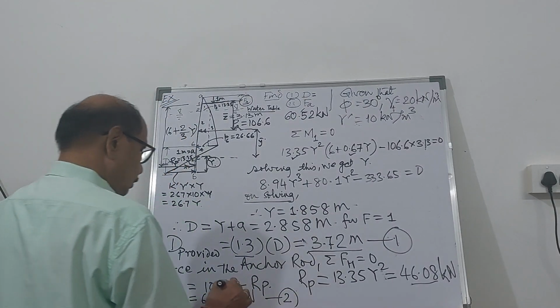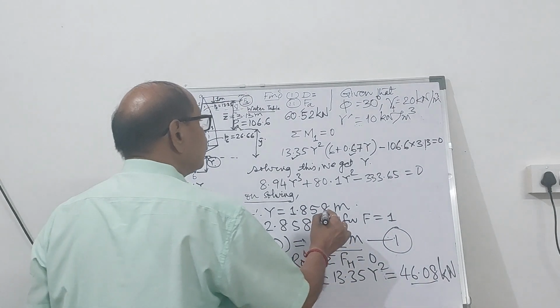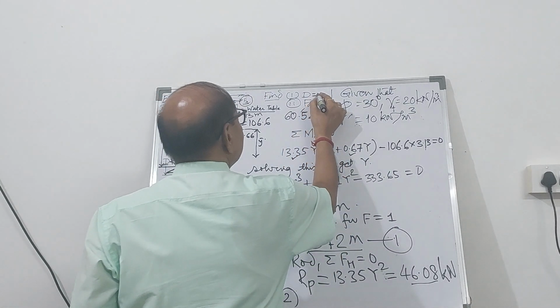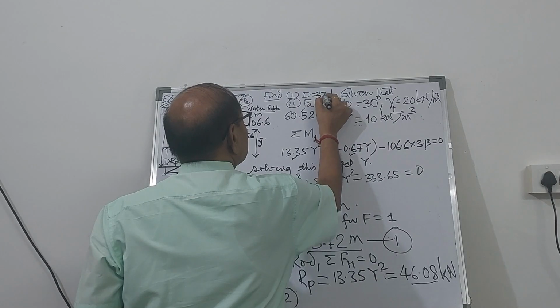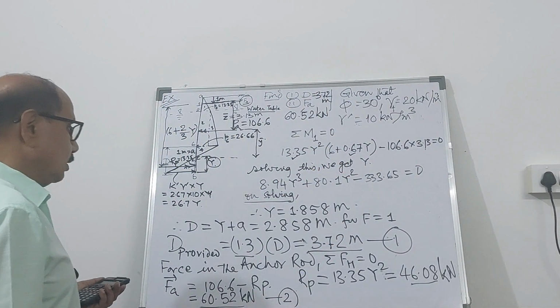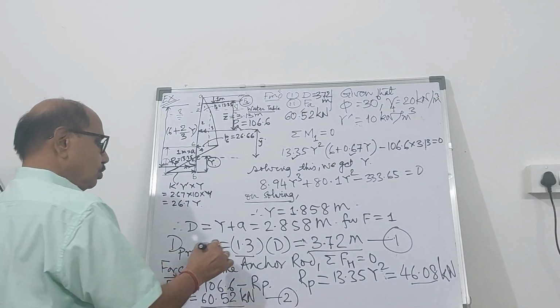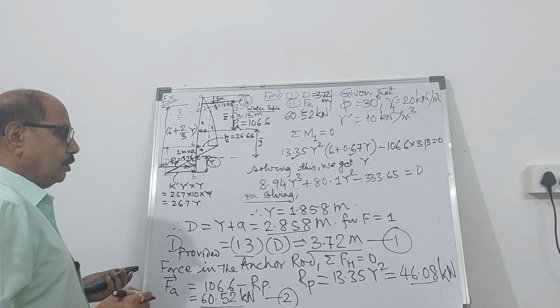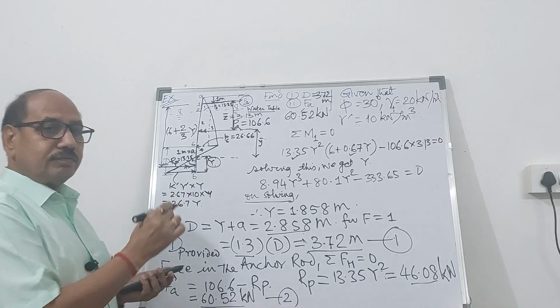Fa is known, D provided is known. So D provided here is 3.72 meter. So all the values are known to you. So this is the solution of this problem.